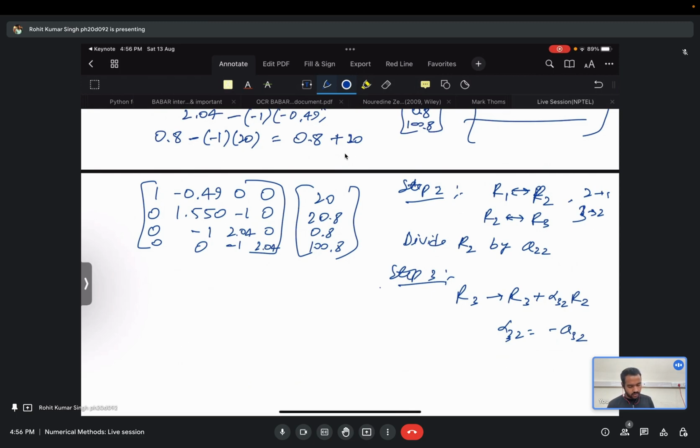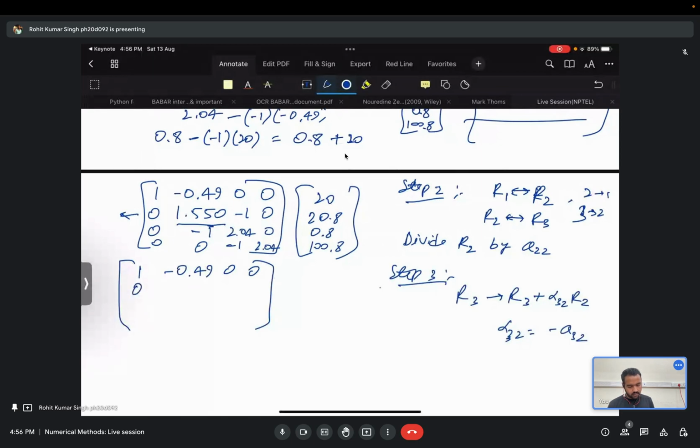So for step 2 we have to divide row R2 by A22, which is 1.550. So let's do that. The first above row will be the same.